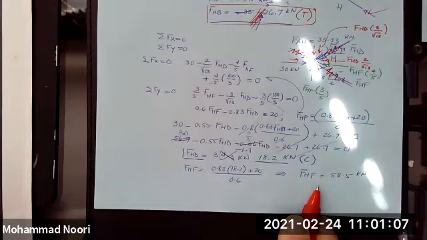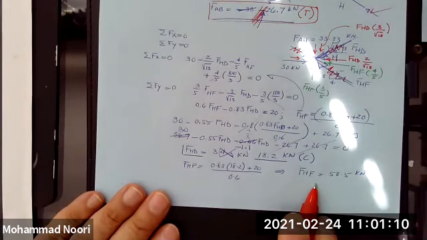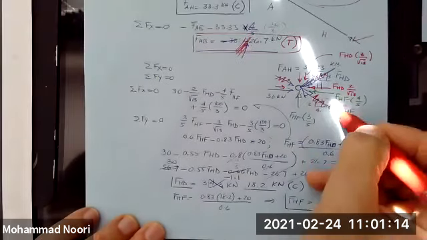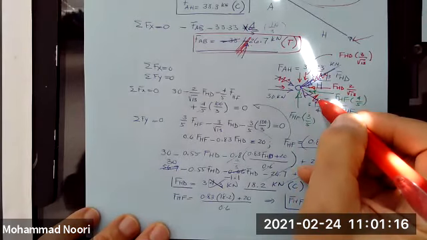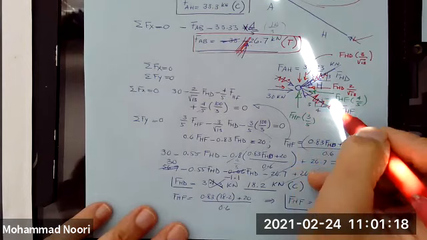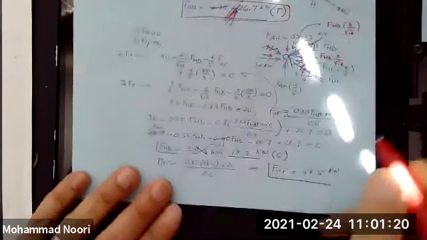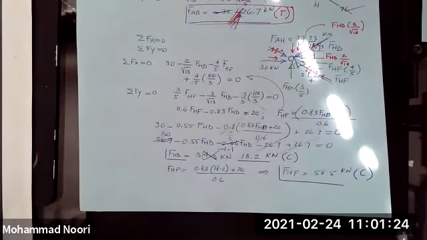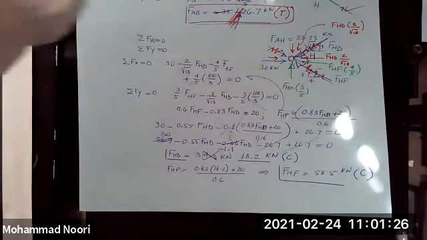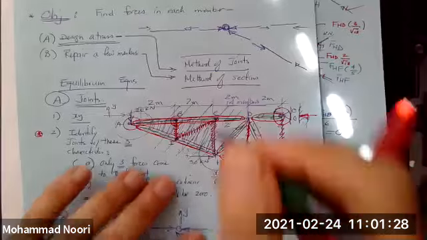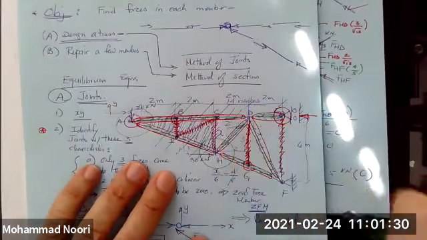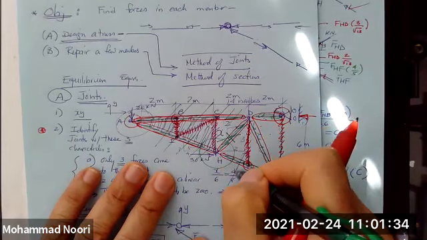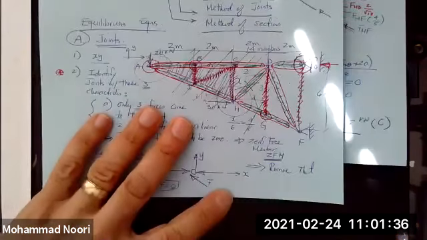So this also came out to be positive. That means the assumed direction here is also correct. So force coming towards the joint, that means this is also in compression. So let's see where we are now. So we found now this one and this one, right?